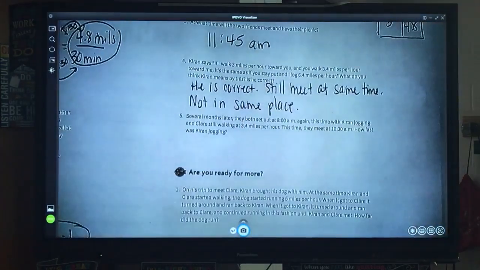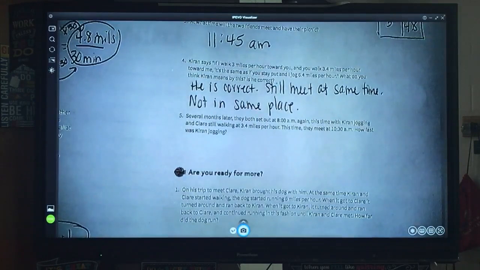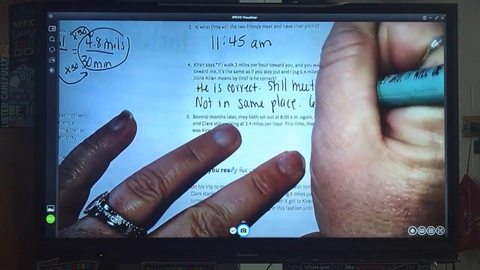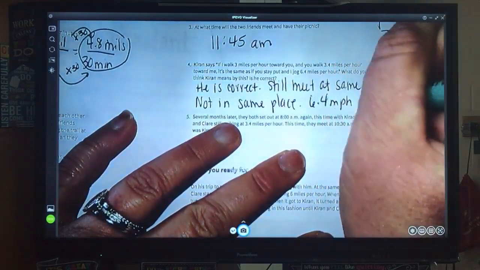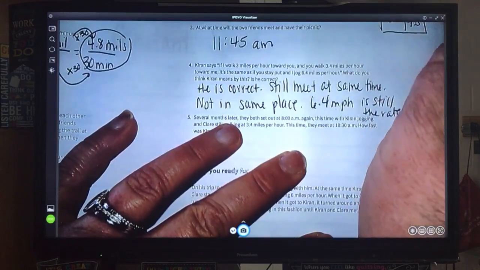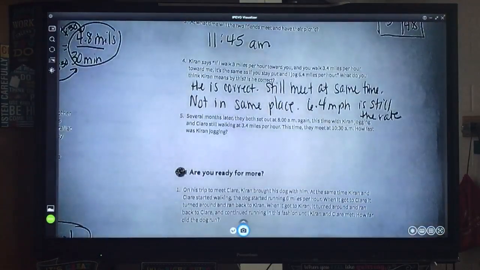And all of this is happening due to the fact that he is still doing what? There's still 6.4 miles being moved. So they're still moving at that 6 4/10 miles per hour.